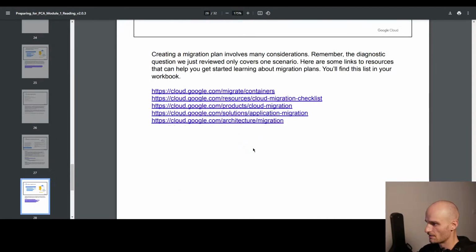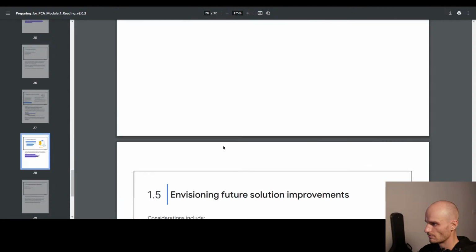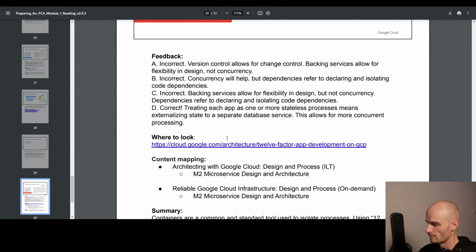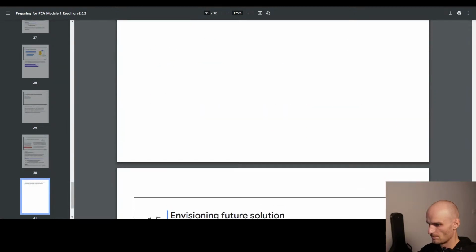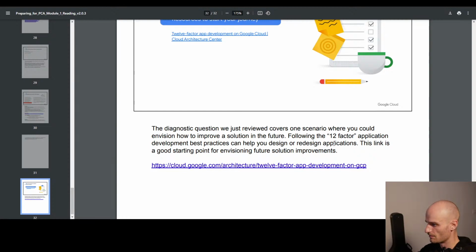Creating a migration plan. Okay. Nice. So this one is another course. Architecting with Google Cloud designing process. We basically finished this self-evaluation.